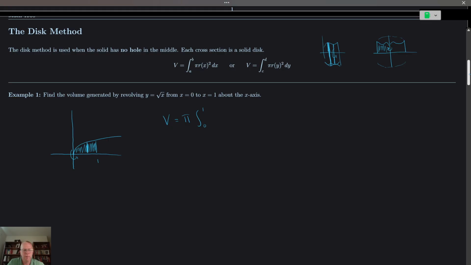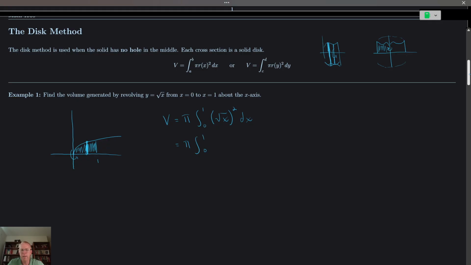Now, what is this distance? If we pick any random point between 0 and 1 and measure from the x-axis up to this curve, that distance is going to be the square root of x, whatever x is. So we need to square that. It's the radius function squared dx, and that's just going to be pi times the integral from 0 to 1.